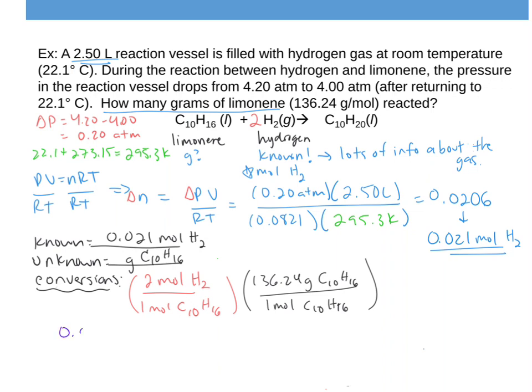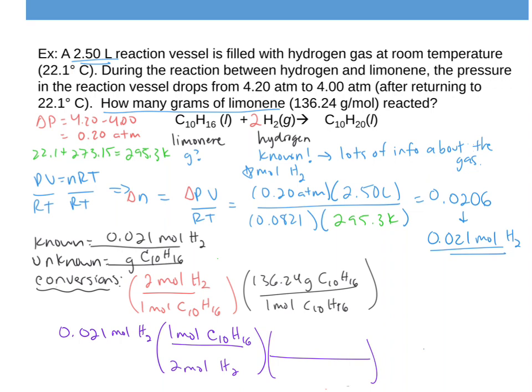So my starting amount is 0.021 moles of H2. I know that for every 2 moles of H2, I need 1 mole of C10H16. But that's not the amount they're looking for; they want grams.